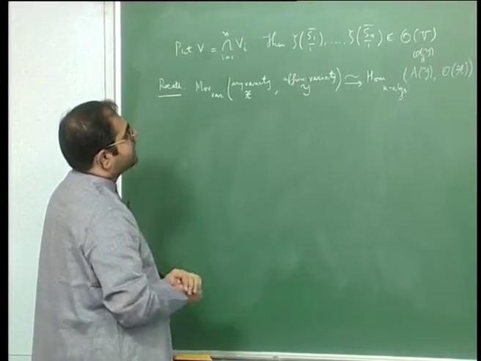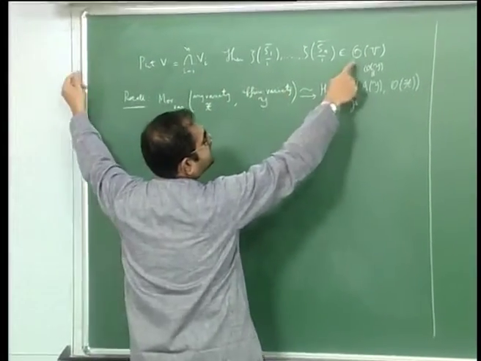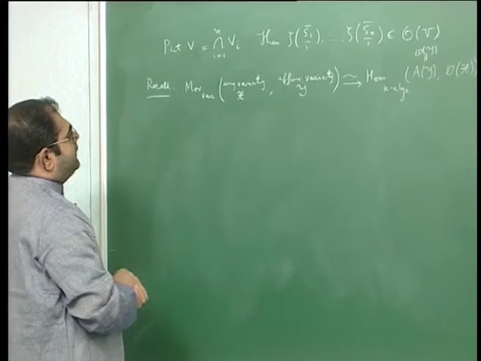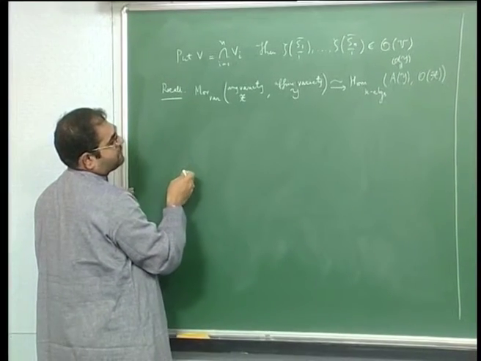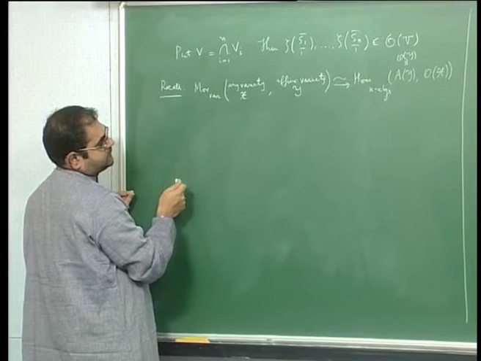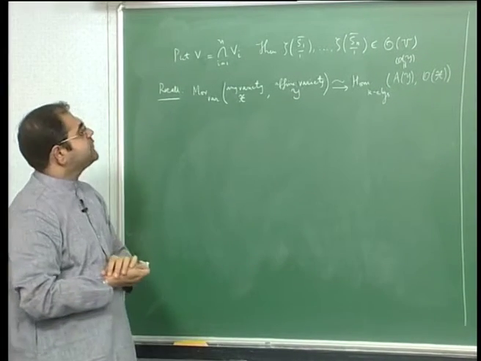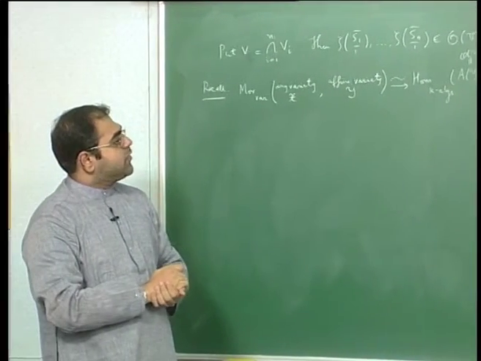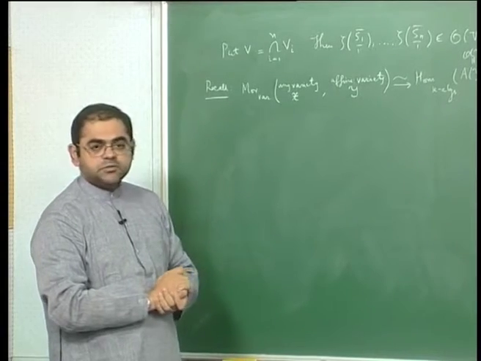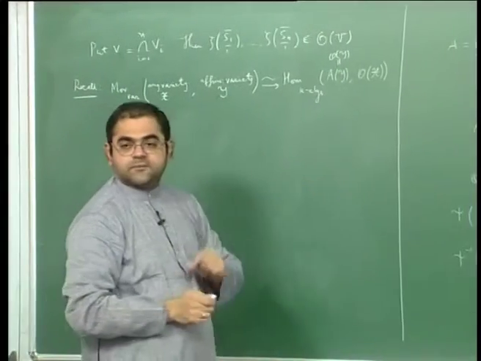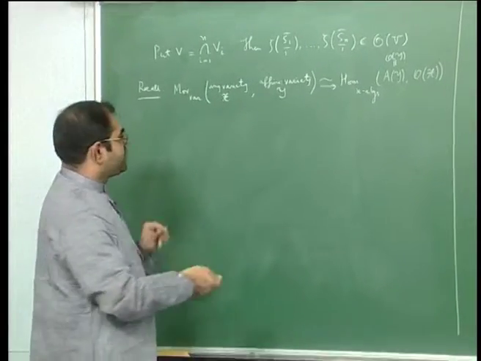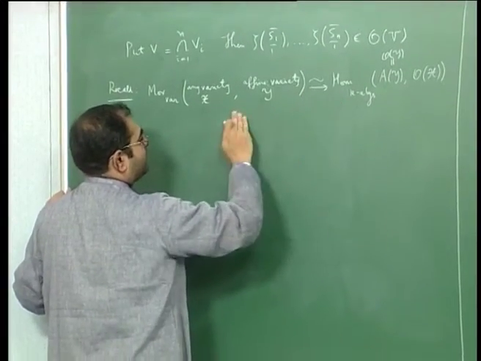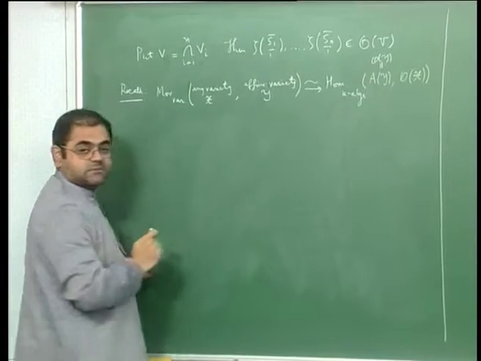Now what you do with these guys is that I can use these n regular functions to define a morphism from V into x1, okay. If you go back and look at it, that is how we established this bijection, okay.